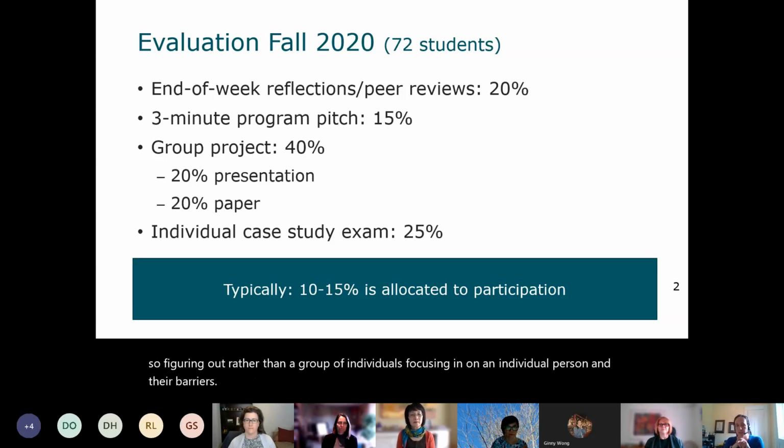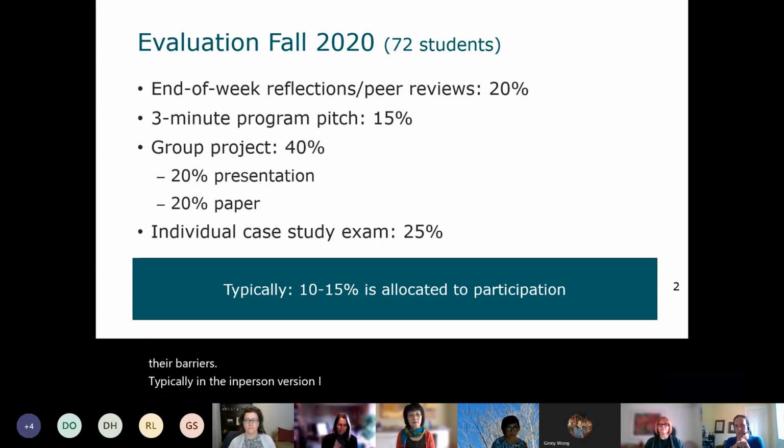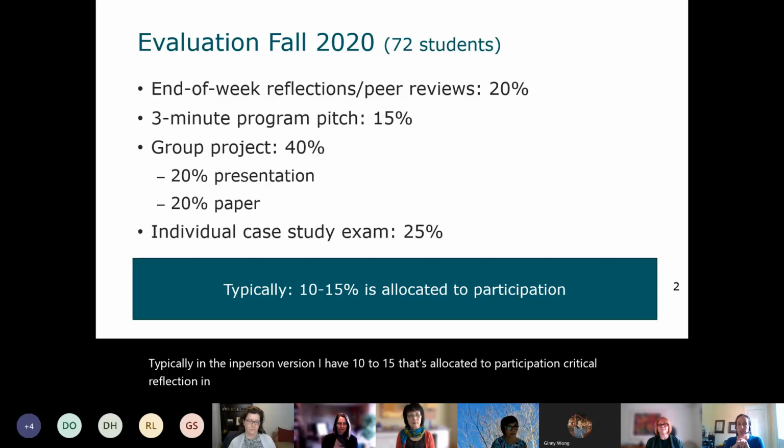Typically, in the in-person version, I have 10 to 15% that's allocated to participation, critical reflection in classes, how they contribute to the learning of others and demonstrate reflection on the content of that week.